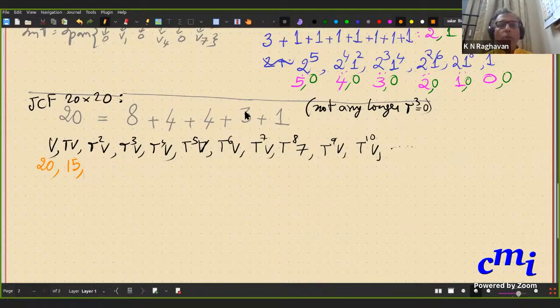Okay. Will this block contribute to T square V?